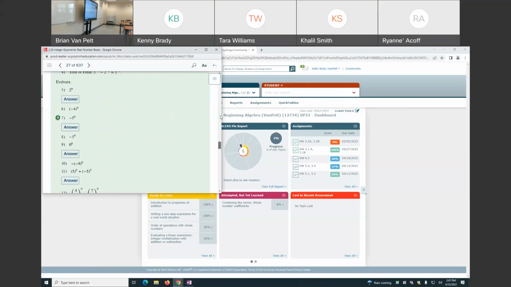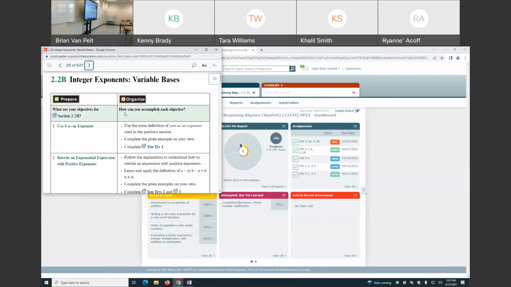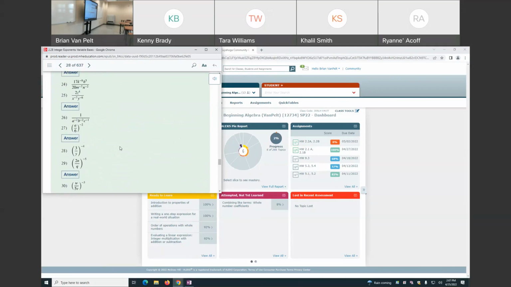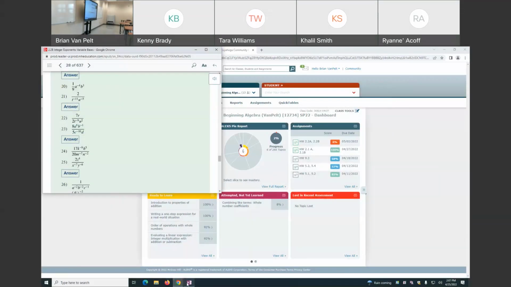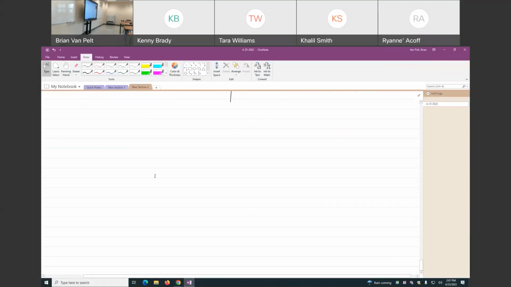Wait, we're on 2.2. They get rather interesting. What variables are moving?